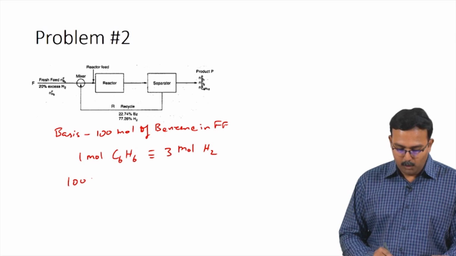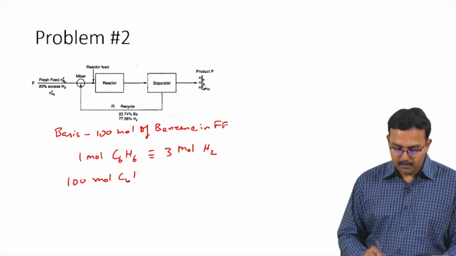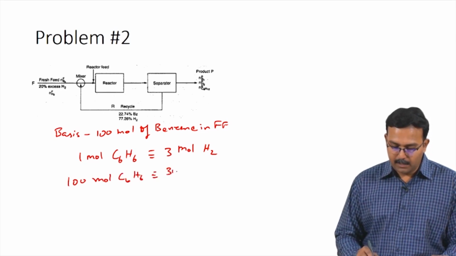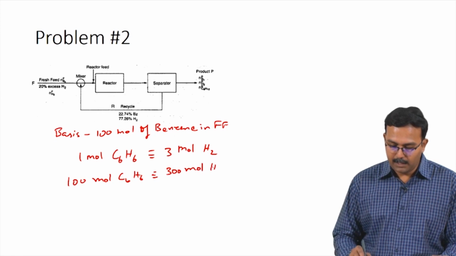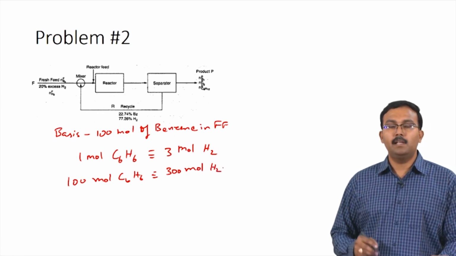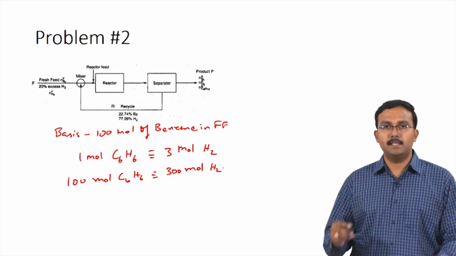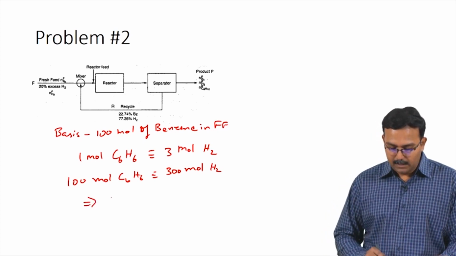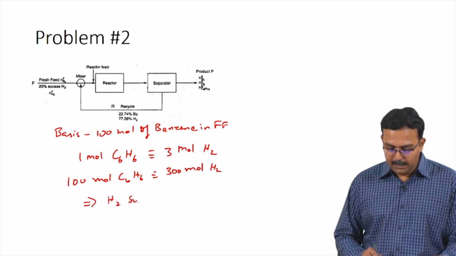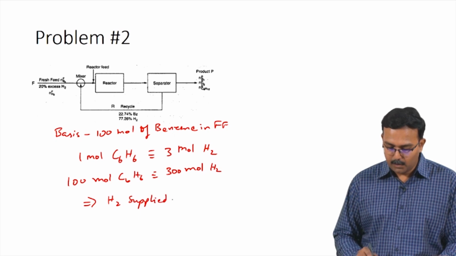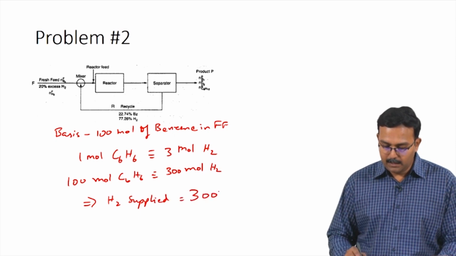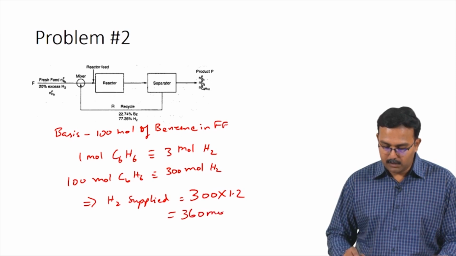So, 100 moles of benzene would require 300 moles of hydrogen. We have been told that hydrogen is supplied at 20% excess. This means hydrogen supplied would be equal to 300 times 1.2 giving you 360 moles.